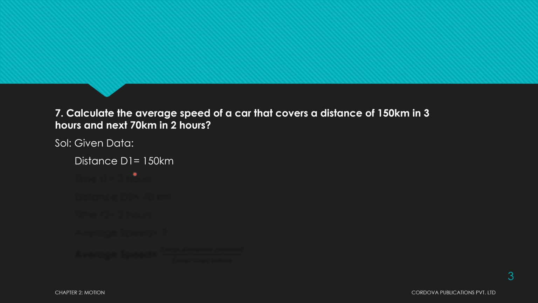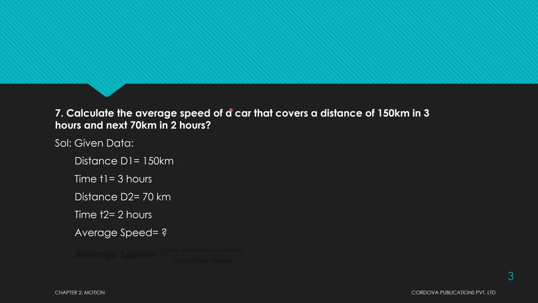The first distance I'm representing as D1, and D1 is 150 kilometer and time T1 is 3 hours. Similarly, the distance D2, that is the second part, is 70 kilometer, and it traveled for 2 hours. So time T2 is equal to 2 hours, and they are asking us to find out the average speed.